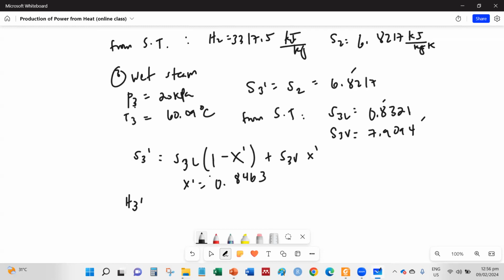Based on the values from the steam table, H3L is 2609.9 and H3V is 251.453. Plugging in all of that, X prime and these values, we calculate H3 prime, and it's 2247.43.